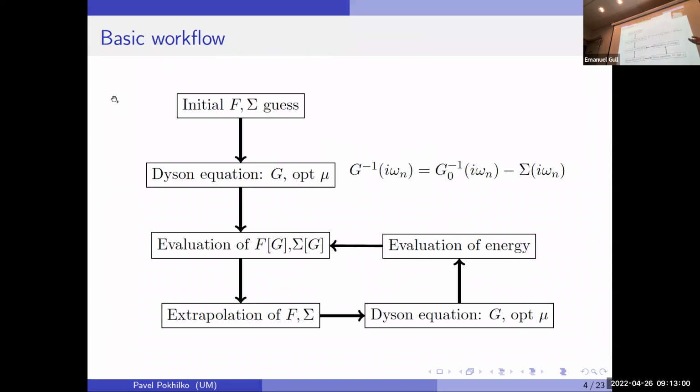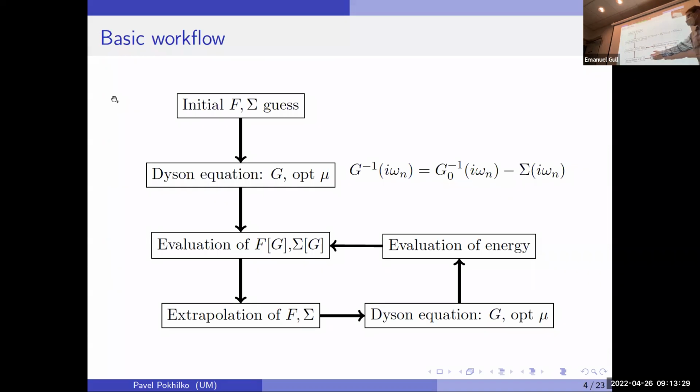So the calculation is usually set up in this manner: we start with the initial guess for the Fock matrix or for the self-energy, and then we use the Dyson equation to find G at a given Fock matrix or self-energy, and then we may evaluate the Fock matrix and self-energy given the functional form.